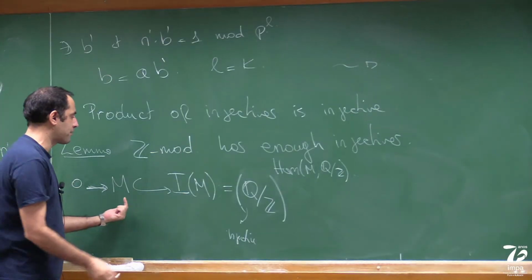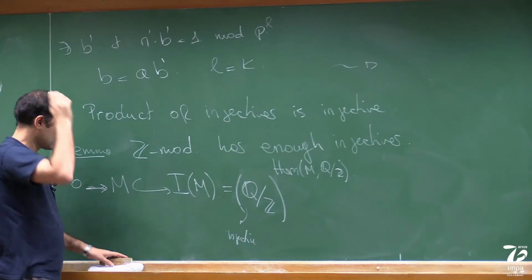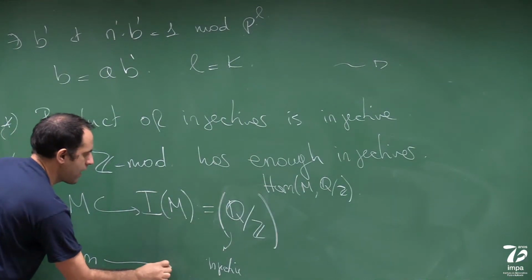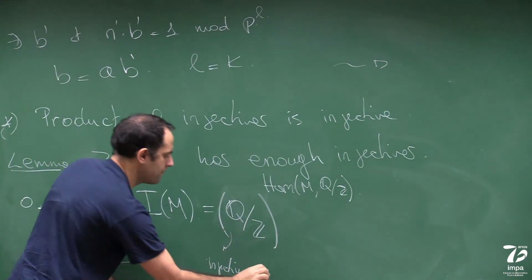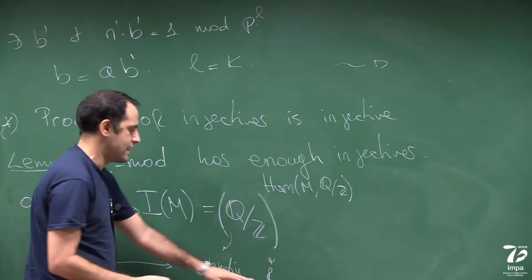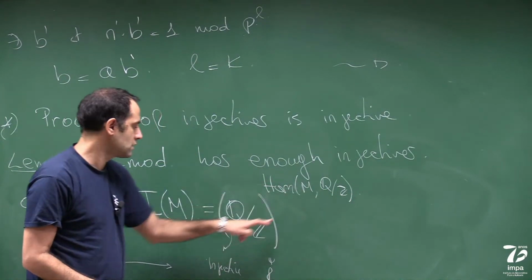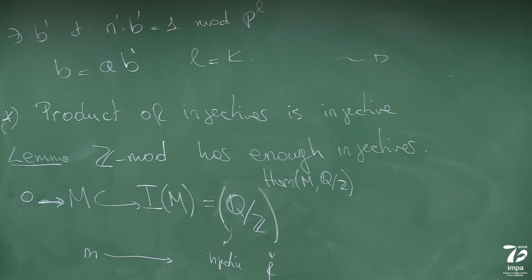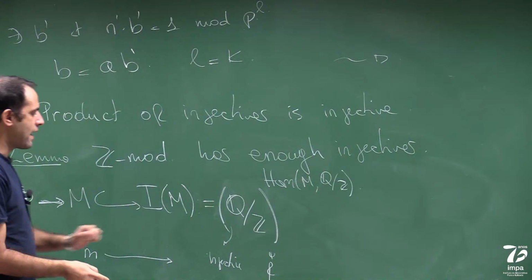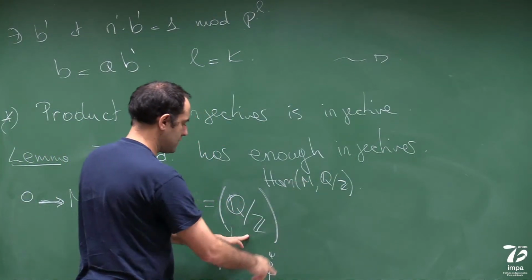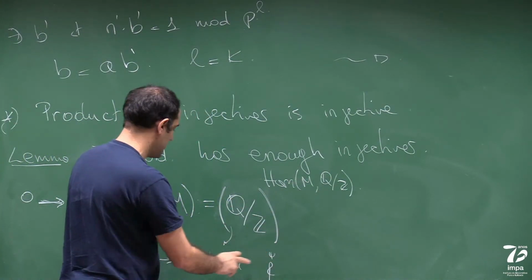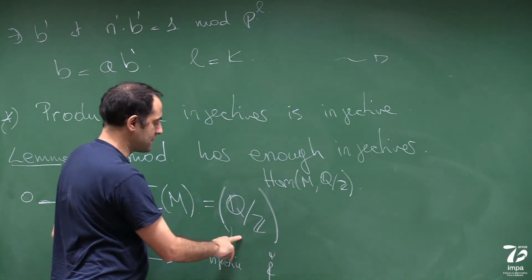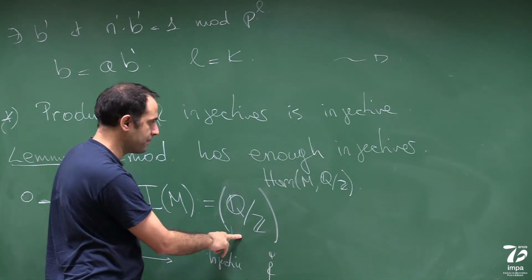I need to give you this map. So if you give me M here, I need to give you an element here, F. And F is a function from this set to this injective abelian group. So I need to produce this F, which takes a map, an element in this set, and gives me an element of this abelian group.